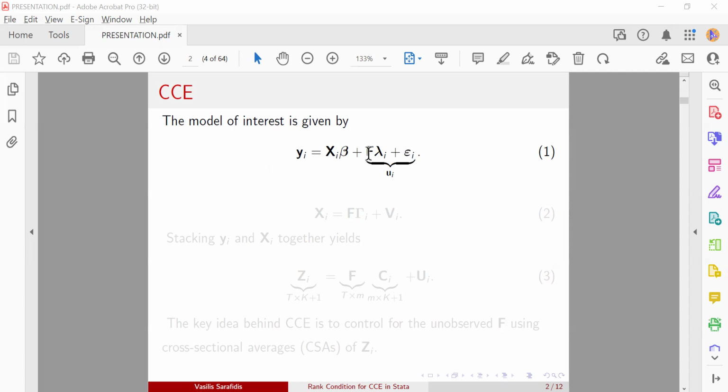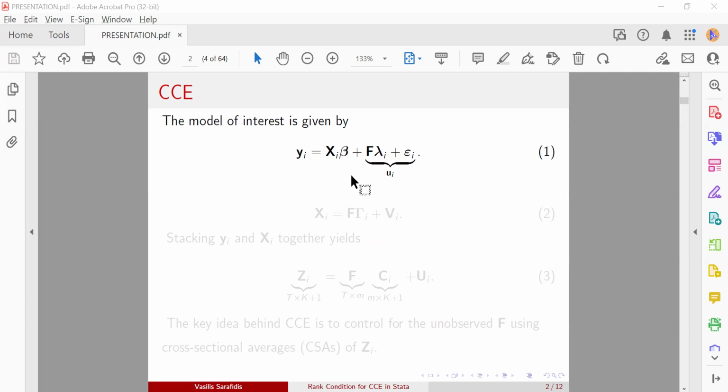So F here is a T by M matrix of latent factors that hit the population of all individuals, albeit with different intensities, as reflected by the individual specific factor loadings.